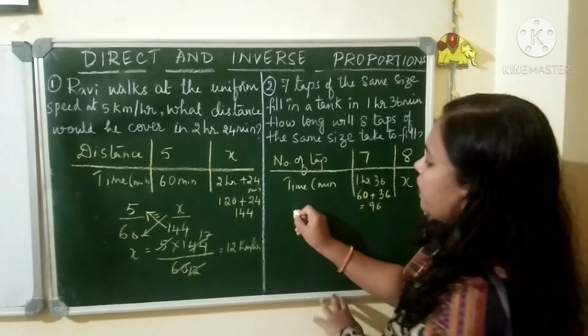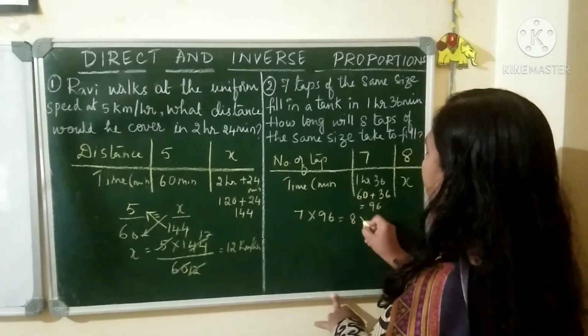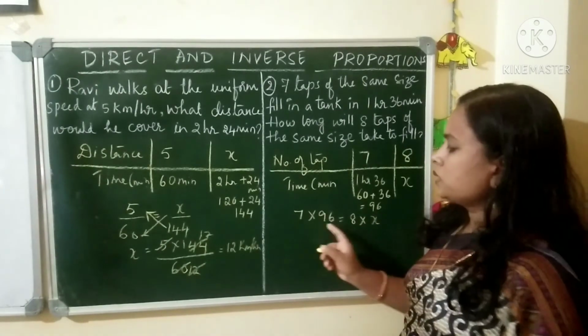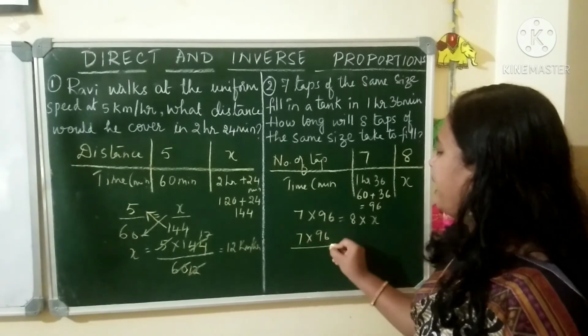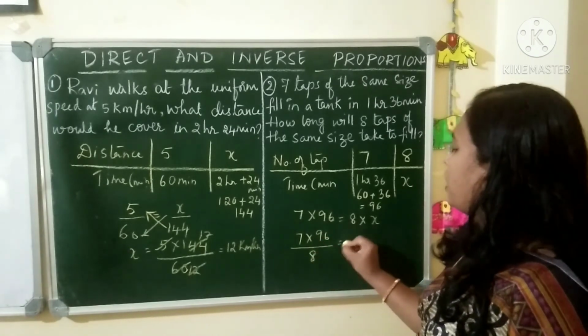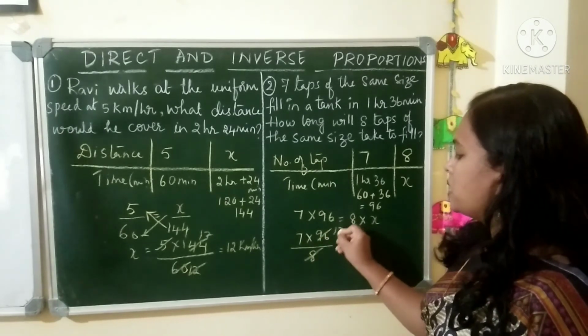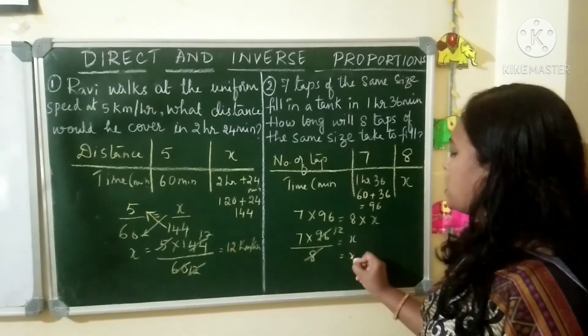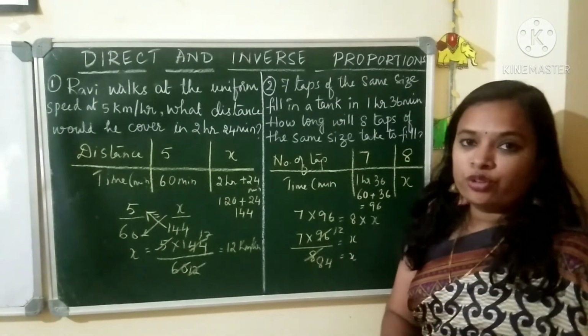So now here it will be 7 into 96 is equal to 8 into x. So keep 7 and 96 on left hand side and 8 you send it to the other side and x remains here. So it is 8 ones are and here 12s are. So now x is equal to 7 into 12 which is equal to 84 minutes.